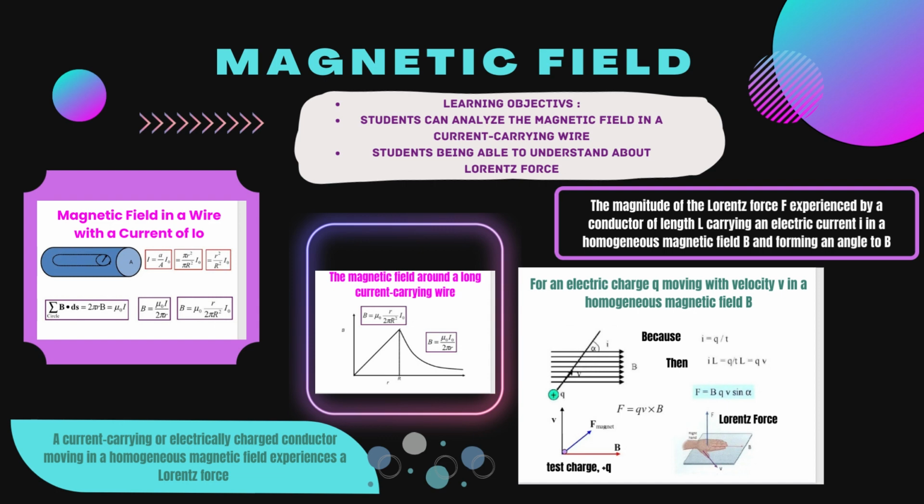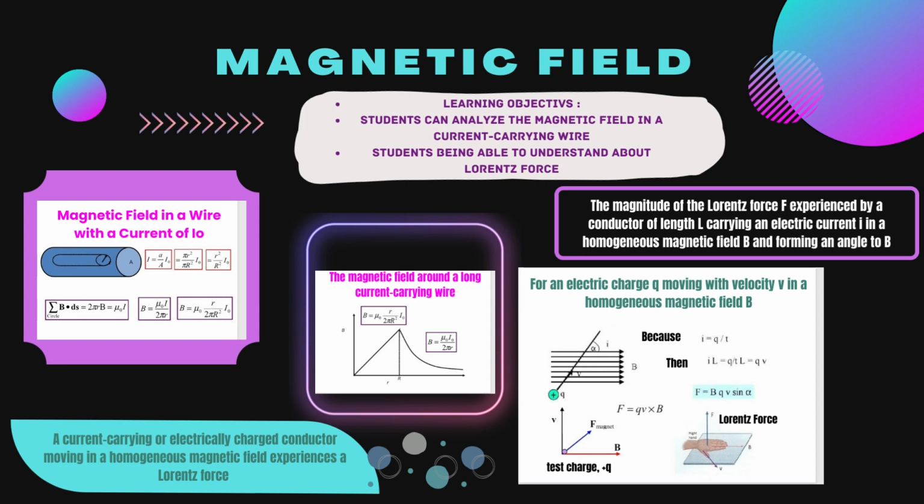We have gotten the value of B, or the formula of B, which equals mu naught times I over 2 times pi times R. We can get B equals mu naught times r in lowercase over 2 times pi times R in uppercase squared times I0. Next is the magnetic field around a long current carrying wire.